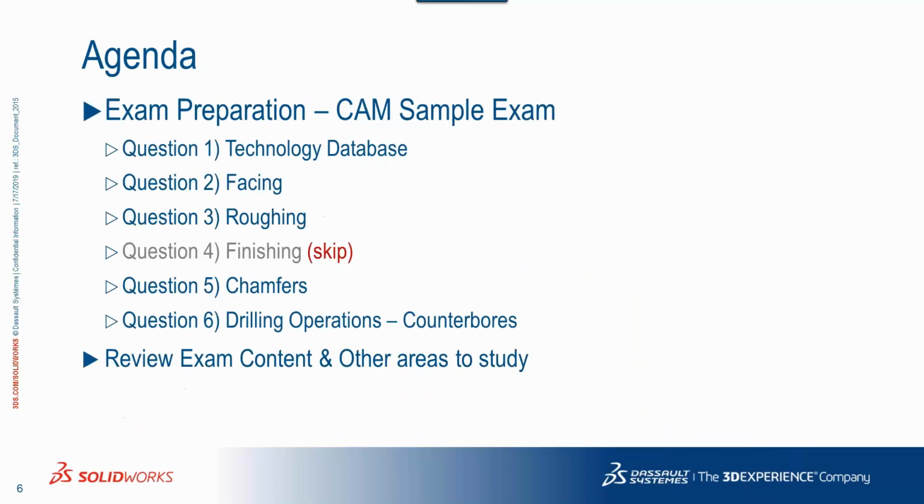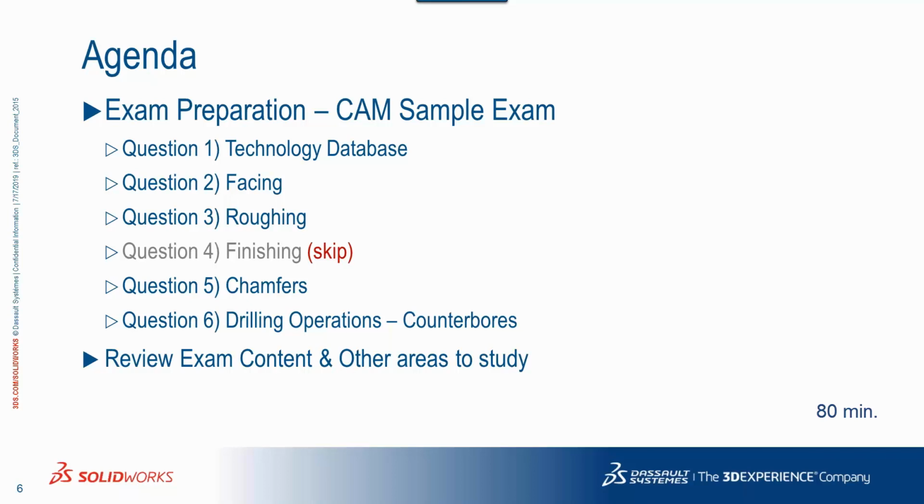So in today's presentation, we're going to take you through the sample exam of the CSWP CAM. There are 6 questions in the sample exam. And we're going to be giving you tips for avoiding the most frequent pitfalls and mistakes when taking the actual exam. Question 4 of 6 is on finishing.